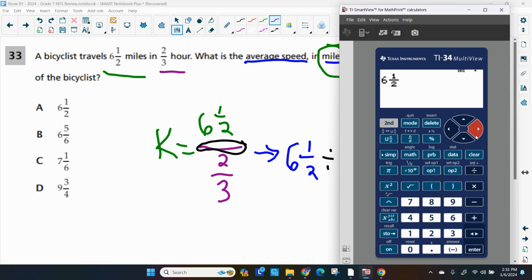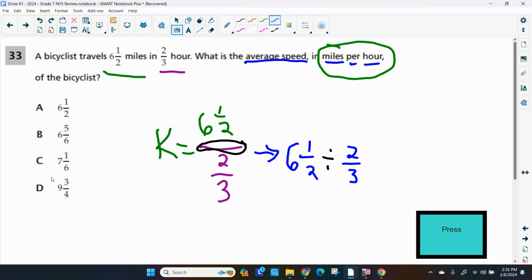And remember your division symbol, so that way you don't have to use your ABC button again. Then 2/3, and move over and press enter. There it is, 9 3/4.